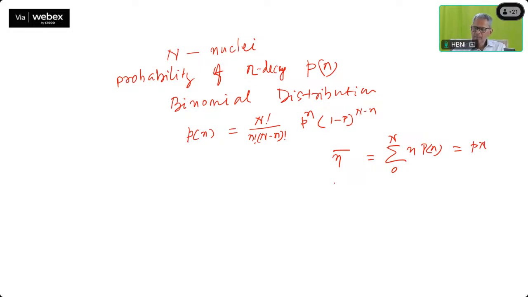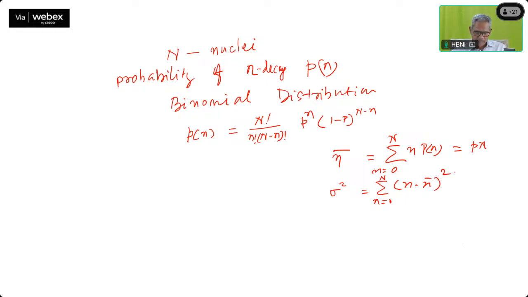Similarly, you can also calculate what is known as the variance. Sigma squared is equal to the sum from zero to N of (n minus n average) squared times P_n.